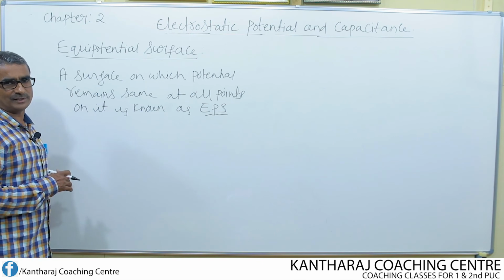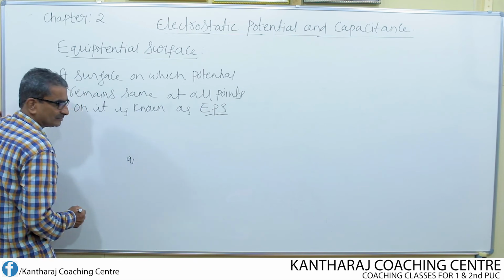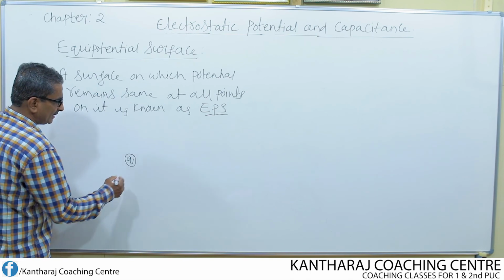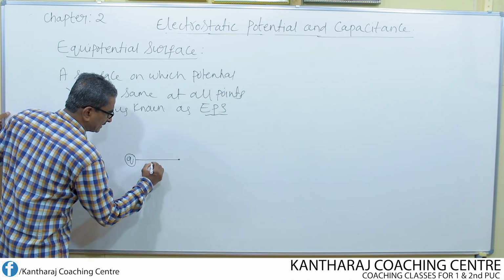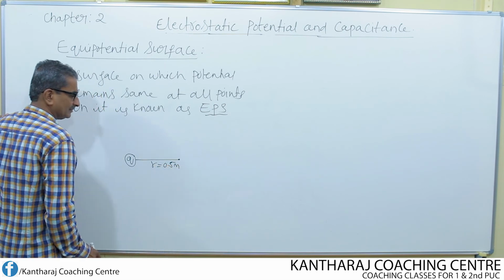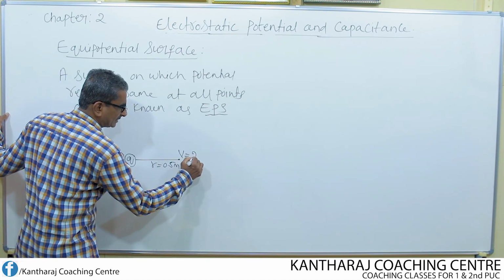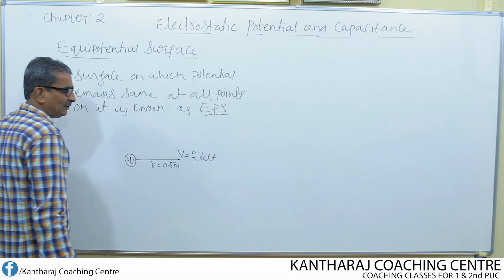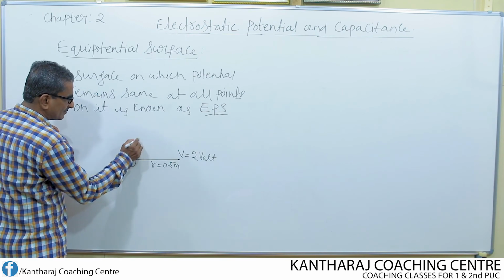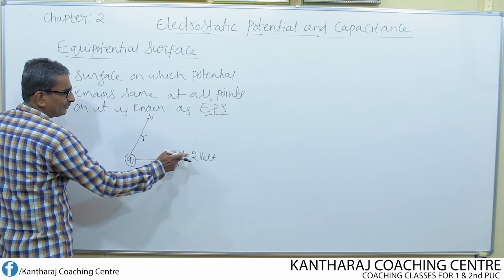Let us understand the meaning of this. Suppose I consider a charge q, either positive or negative. At a certain distance r, for example 0.5 meter, let the potential at this point be V, which as an example I take equal to 2 volt. Then from the same charge at the same distance r, the potential is once again 2 volt.